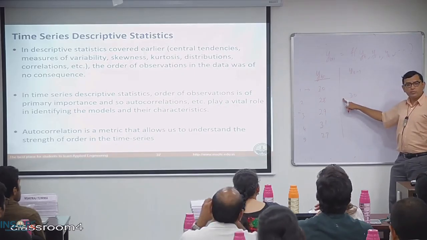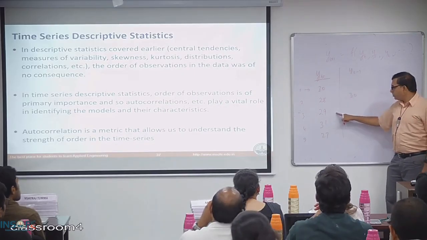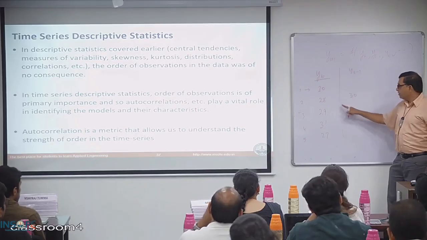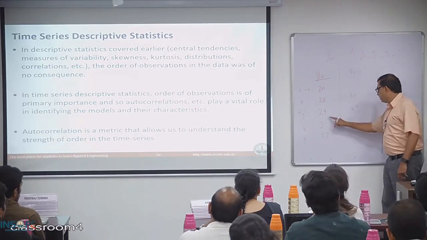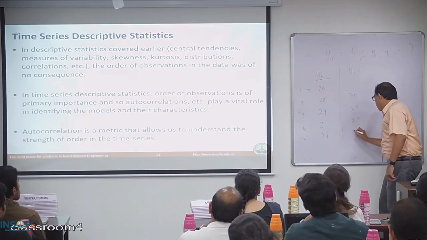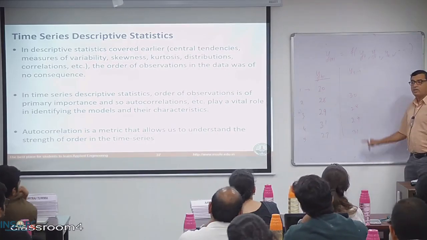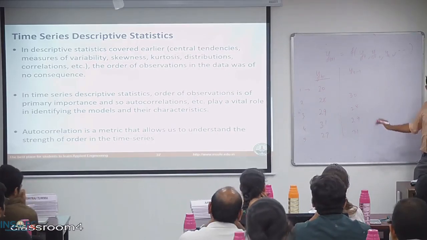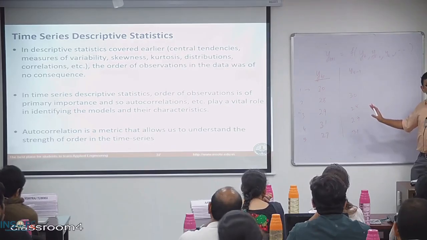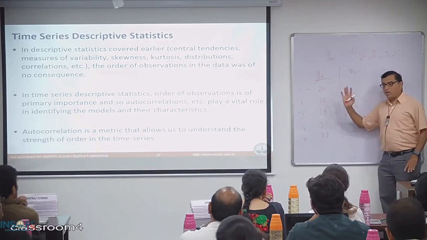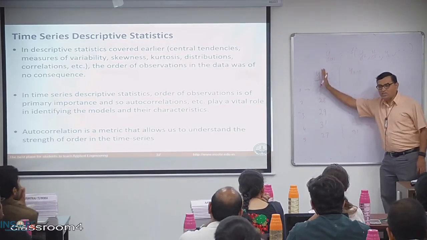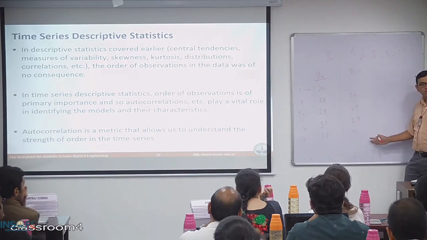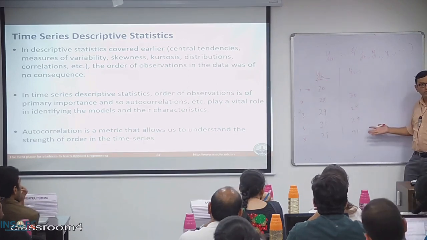That's the stock price of the previous month. When I'm here, 28, 29, 31. All I'm doing is I wanted to predict these values based on these values. That's what I was trying to do.